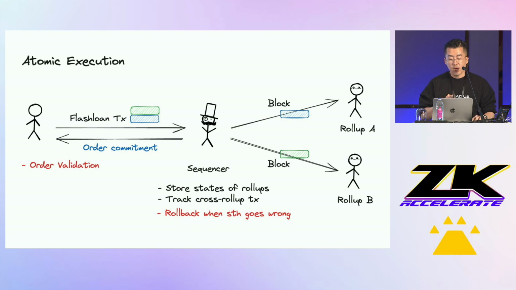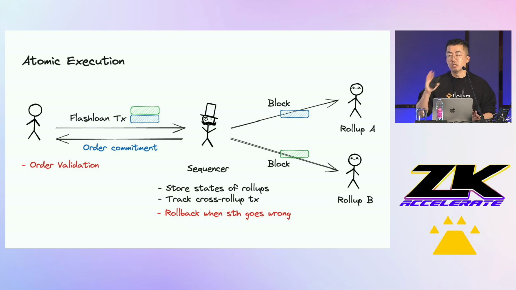At that time, I think commitment and validation can guarantee this atomic execution between multiple rollups. It's kind of difficult, but we are still researching a better solution for that. Just in case the atomic execution is broken, we have to roll back to the previous state.